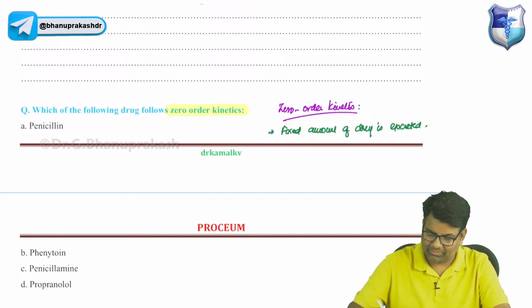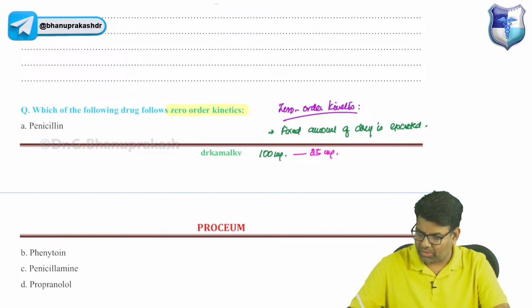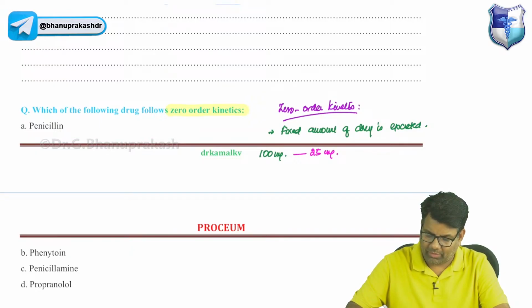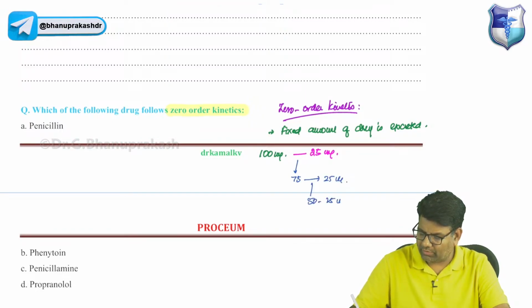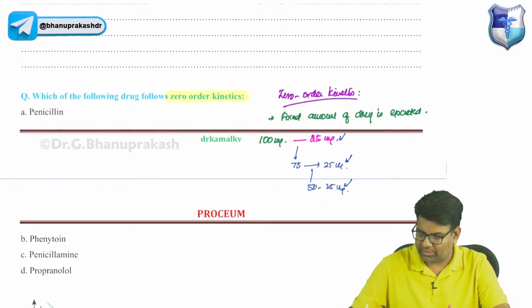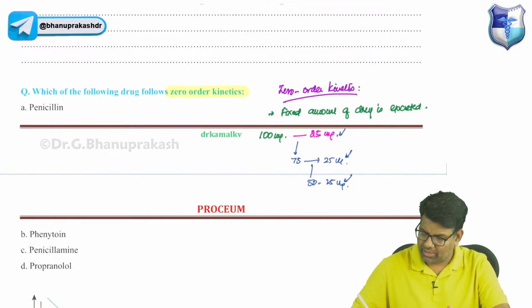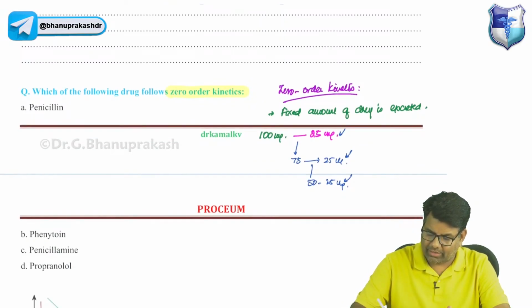Suppose you are given 100 mg of drug, and 25 milligram is excreted, so every time 25 milligram will be excreted. So 75 and again 25. So a constant amount is excreted. Clear? So this is zero order kinetics. Then the other pattern is the first order kinetics.